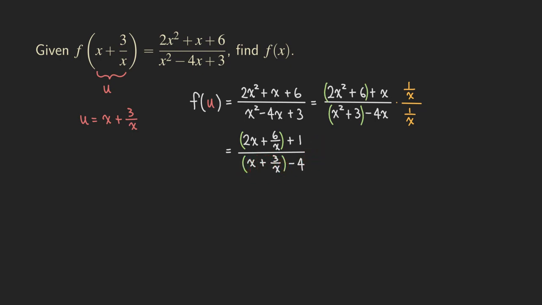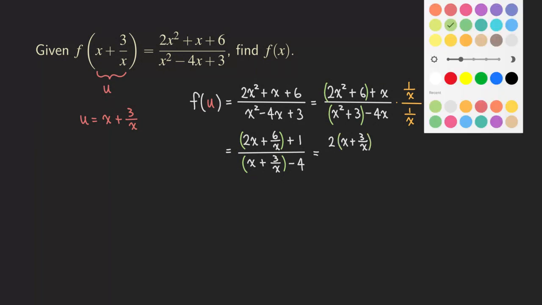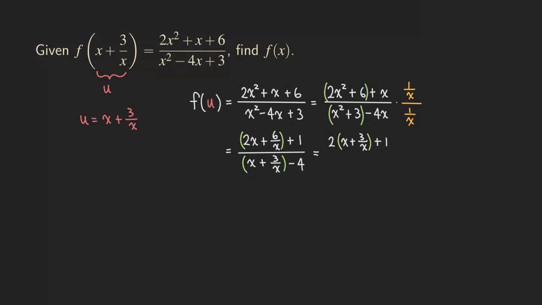So if we factor out the 2, we are going to get x plus 3 over x, using the green parentheses, and then plus 1. Then we just copy the bottom: x plus 3 over x, and then minus 4.